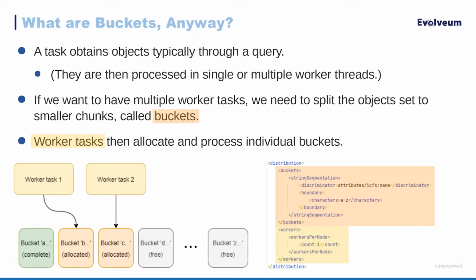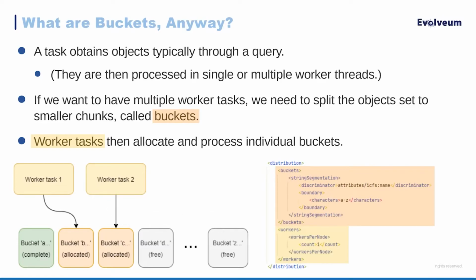Worker tasks then can allocate and process those buckets. And the buckets are typically described by choosing a discriminator property, like typically OID for repository objects, or a name or some kind of identifier for resource objects. And then, having a discriminator, we specify the way of division or of bucketing, typically, for example, for names by some boundary characters.